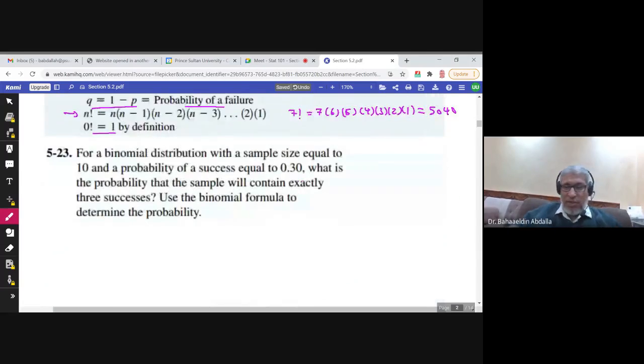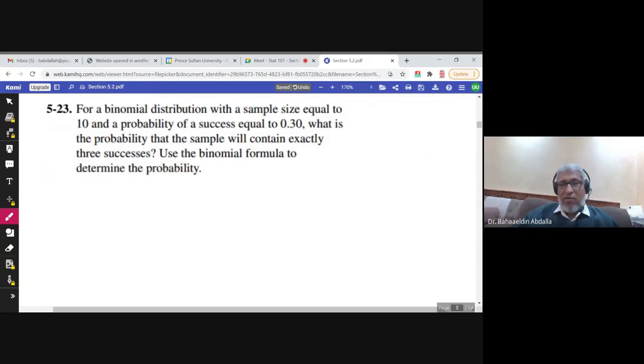All right, so let us solve an exercise. For a binomial distribution with a sample size equal to 10, so n is 10, this is the sample size, and probability of success equals 0.3, so P is 0.3. What is the probability that the sample will contain exactly 3 successes?